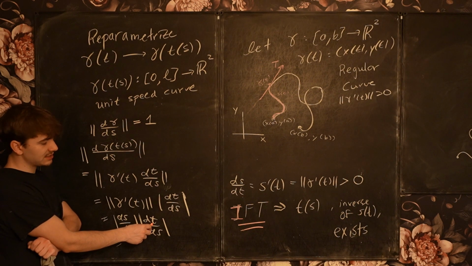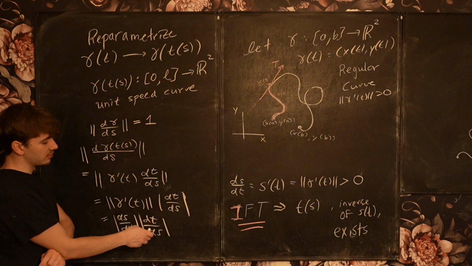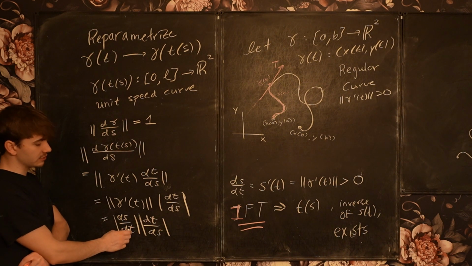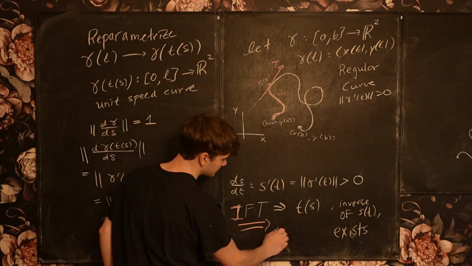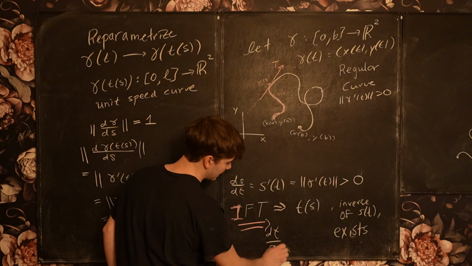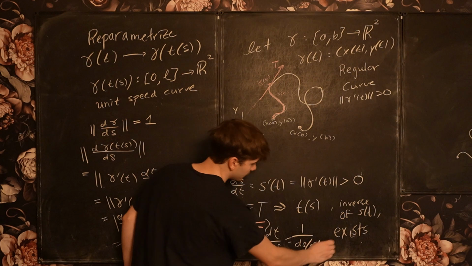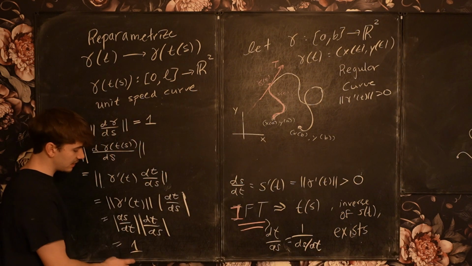And not only did we get t as a function of s, but the inverse function theorem tells us that dt over ds is the inverse of ds over dt. So in particular, dt over ds is equal to 1 over ds over dt. That is, again, a direct result of the inverse function theorem. So that tells me that this value is 1.